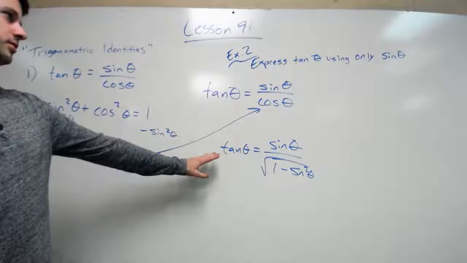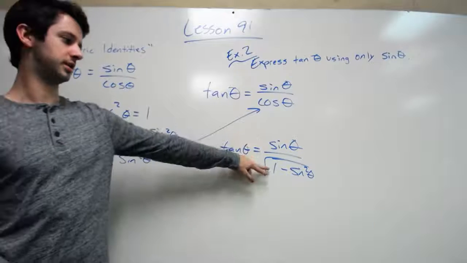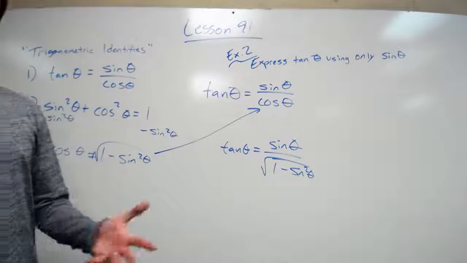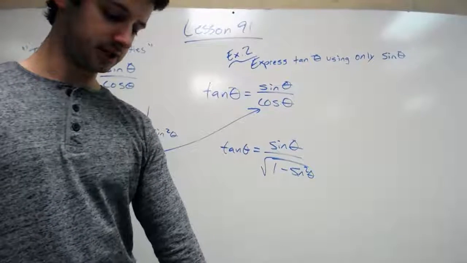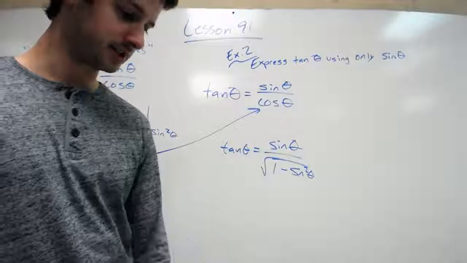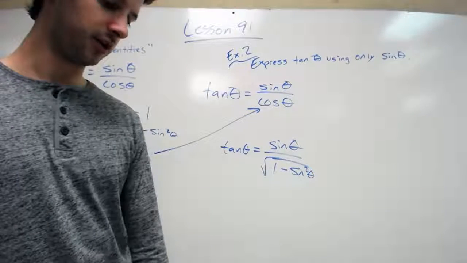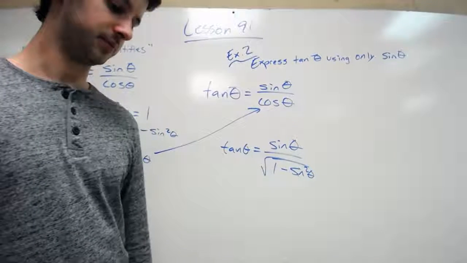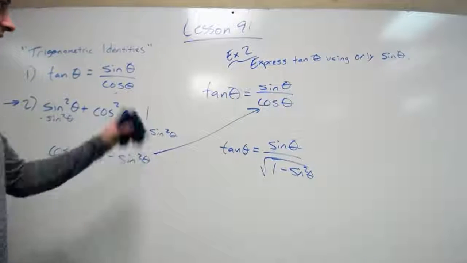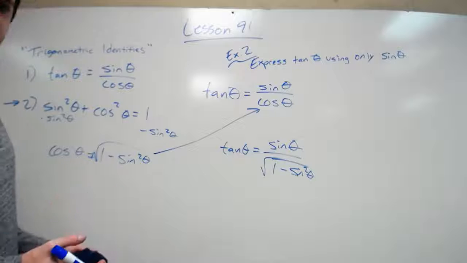So tangent of theta is expressed using only sine, no cosine. Got rid of it. And if you want to see how to plug these in, look at page 596 in the top box. It has all the different expressions to prove the trigonometric ratios. That's how you might do the math, but that's all there is to lesson 91.